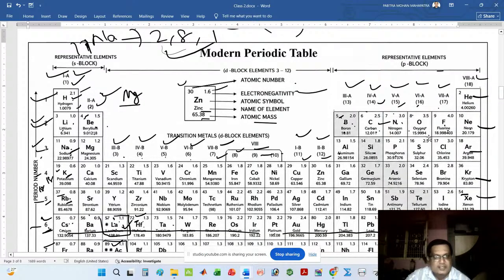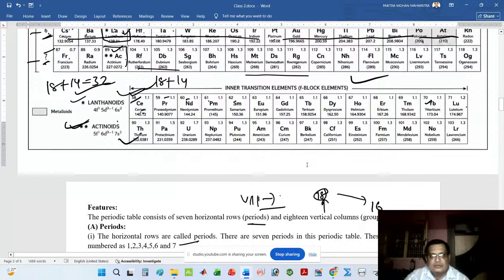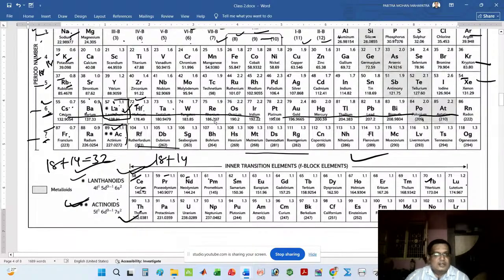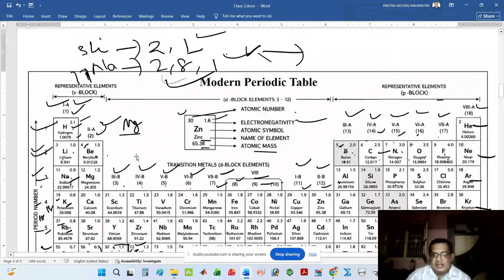No, no, no, let me read the point again. Each period represents the principal quantum number of the valence electron of the respective elements. Actually, this point is applicable to the representative elements.